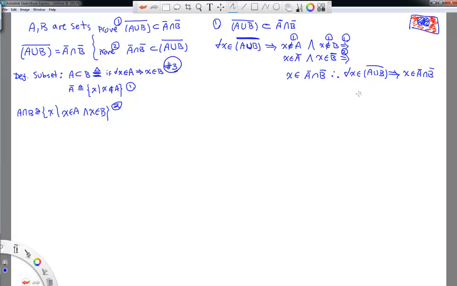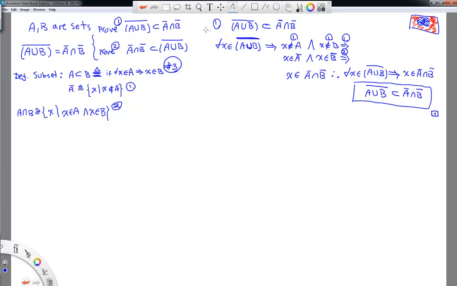So from here, we know that the complement of A union B is a subset of A complement intersect B complement. Therefore, I proved one direction, direction number 1.